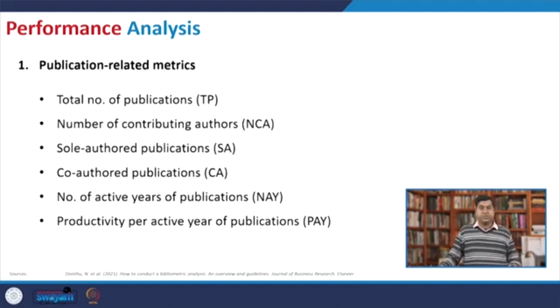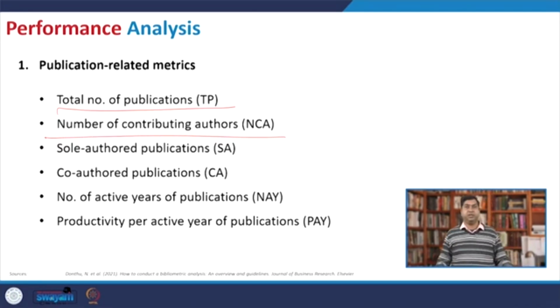Now, publication related metrics, what are the things that we normally look at? The total number of publications in a particular journal when we select a journal for the review, and the number of contributing authors. It is also important that whenever you see a fundamental paper being contributed by many authors, they are all attached with good affiliations. So, there is some sort of belief in it, but at the same time there are a few other consequences as well.